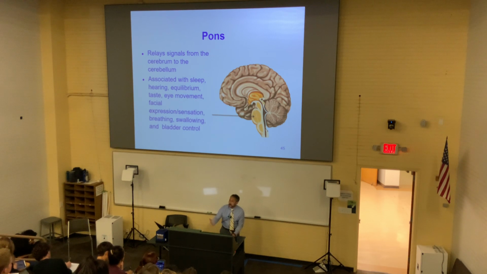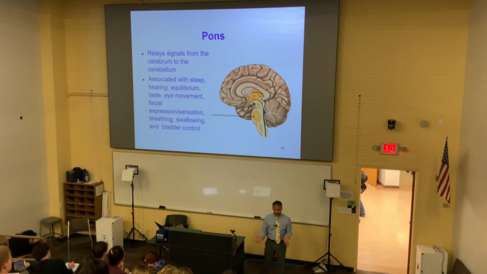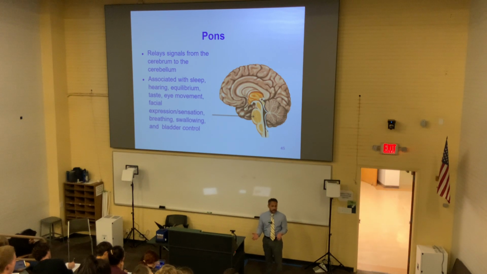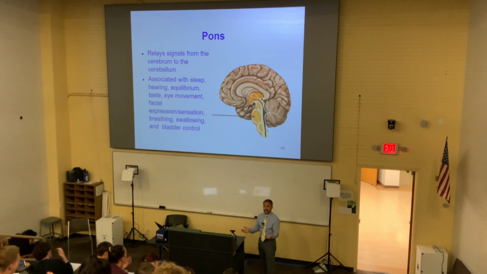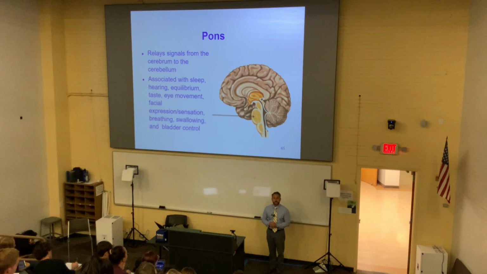Facial expressions are, eye movement sometimes is, but there are certain facial expressions and eye movements that are more reflexes, right? Somebody walks in and you're surprised, and you say, it's so good to see you. You can't control that reflex sometimes.